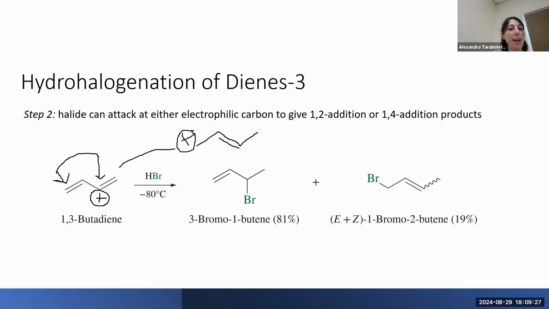So when bromine goes to add, it can either add to this version or to this version. That's why you would get two products. You get the original version we saw, and you also get this version. This is giving you 1,2 and 1,4 addition products.